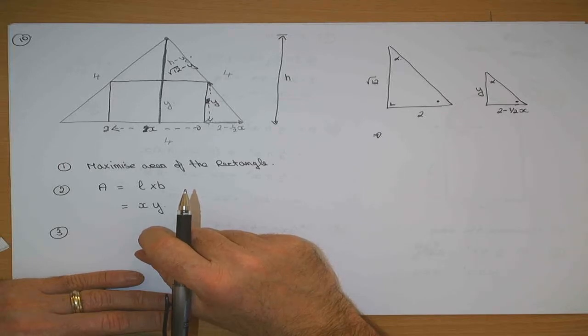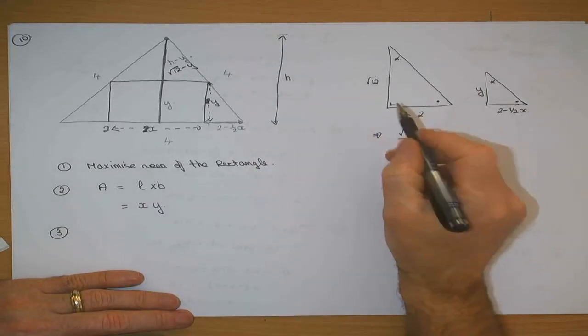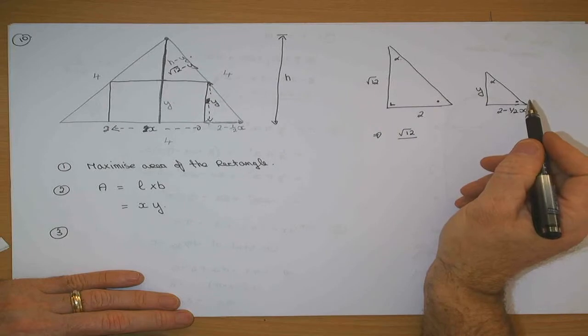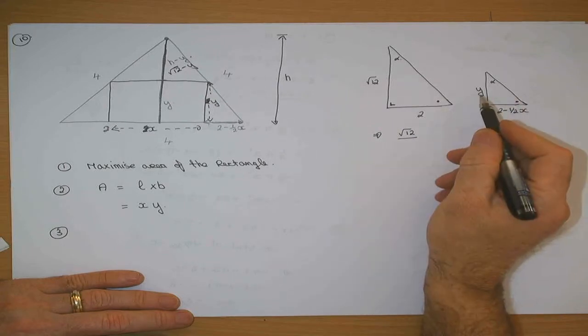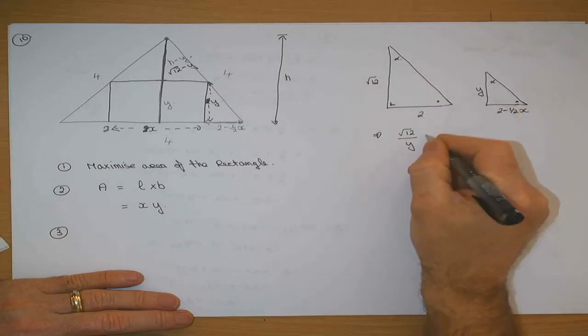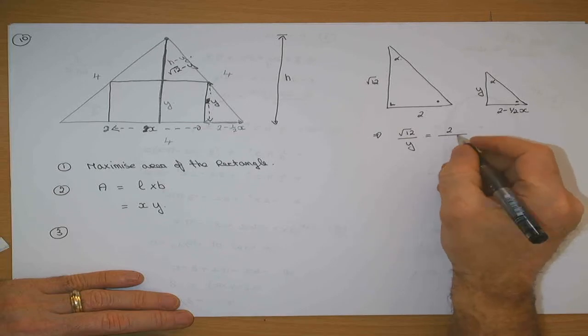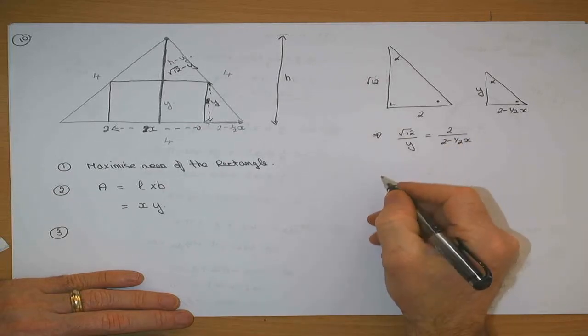Now what do you know about those? Corresponding sides are in the same ratio. So root 12 divided by. Root 12 here corresponds to what over there? Y. Why does it correspond to y? Because the line opposite the same angle is equal to 2 all over 2 minus a half x. Right?